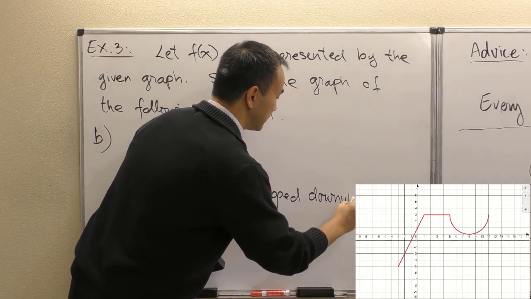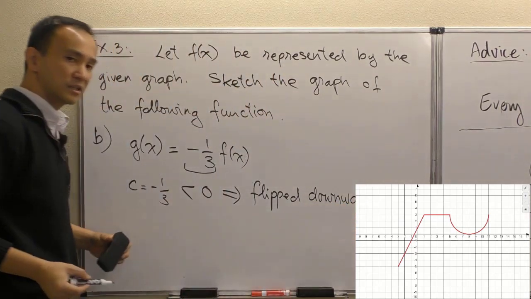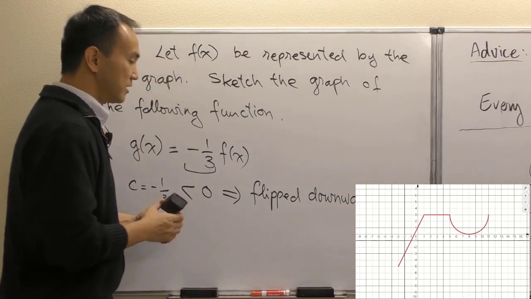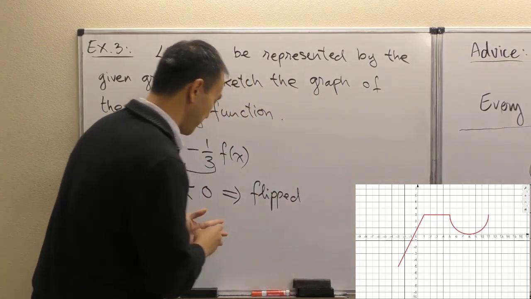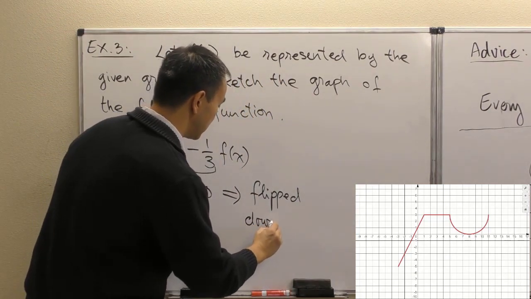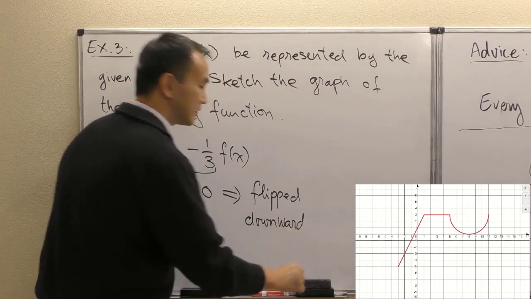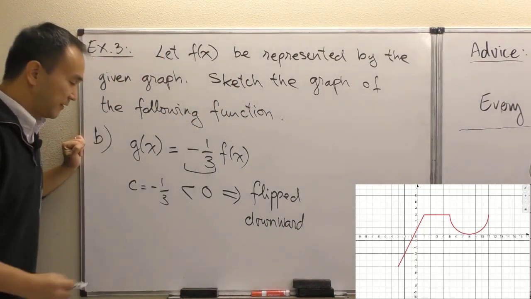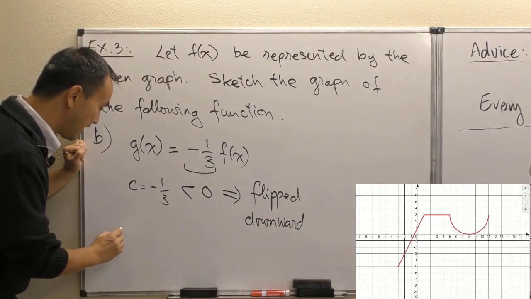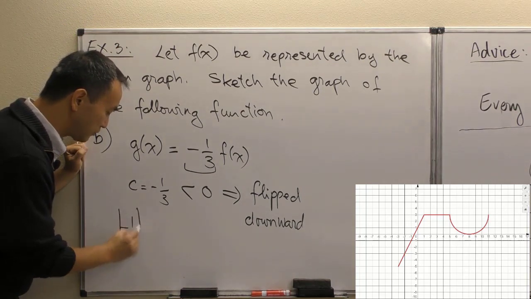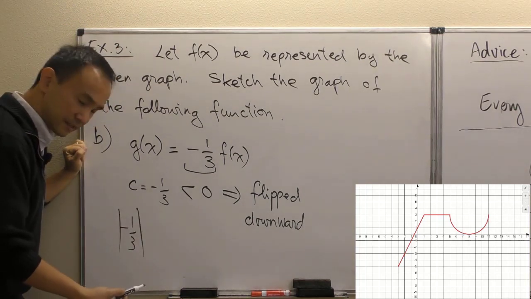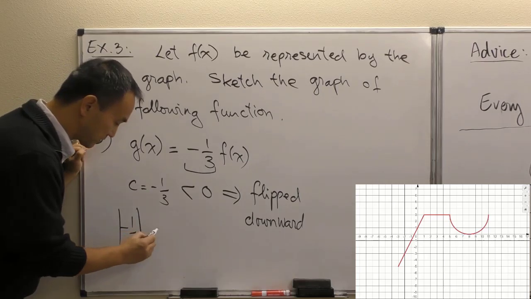It's becoming more and more clear how all the understanding we've learned earlier applies. We're expecting it's going to be flipped downward. And furthermore, this c, negative 1/3, in absolute value is 1/3, positive, so it's less than 1.